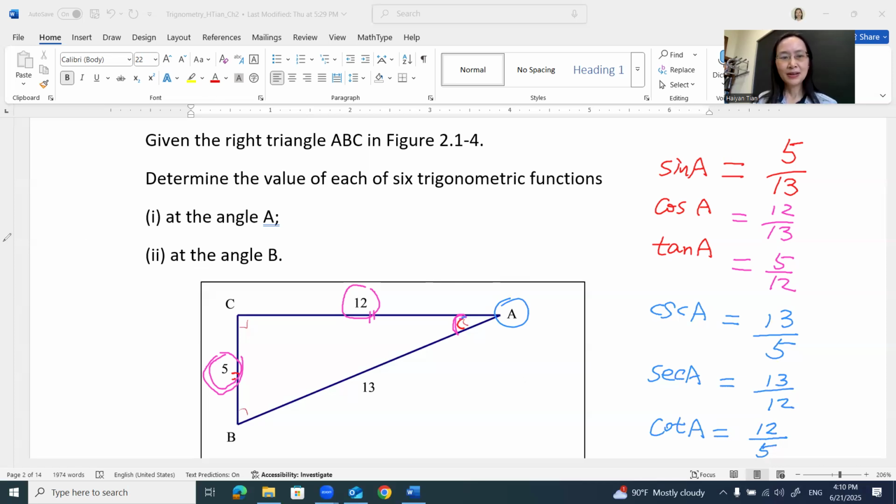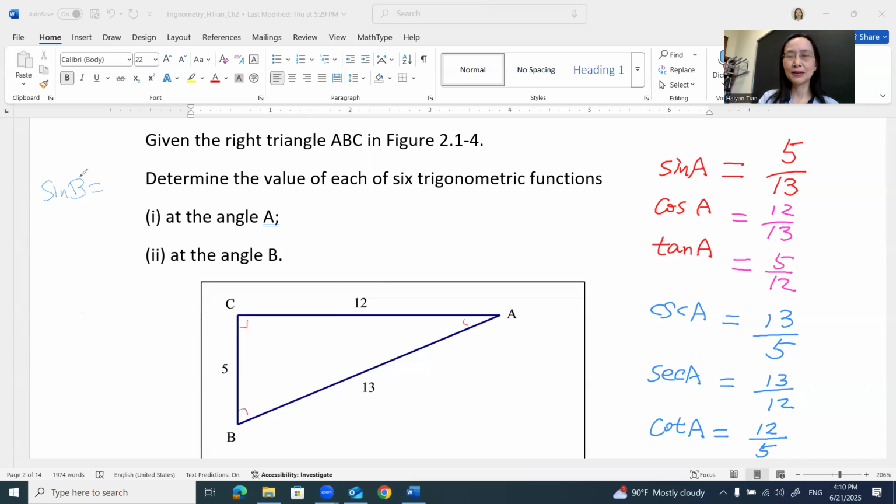And now let's look at angle B. So for B, let's forget about the previous work, and then we focus on another acute angle, which is denoted by B. So let's look at sine B first. Okay, sine B. B is acute.